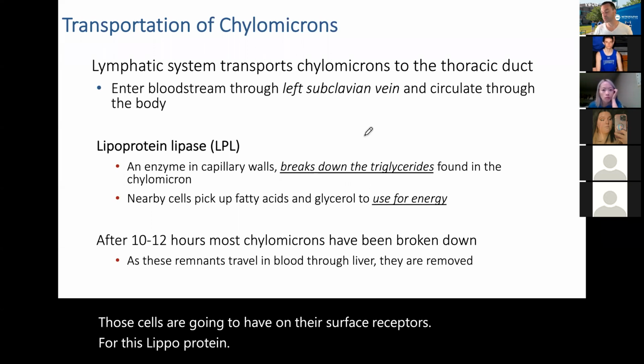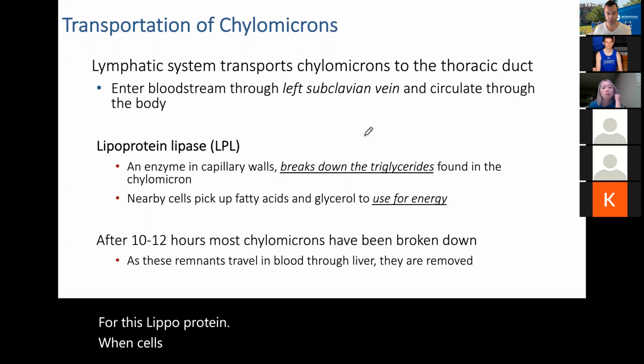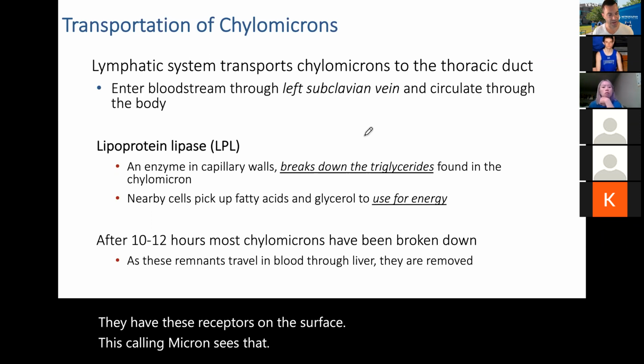When cells require nutrients to make energy, they'll have these receptors on the surface. This chylomicron sees that, goes and docks to that receptor.